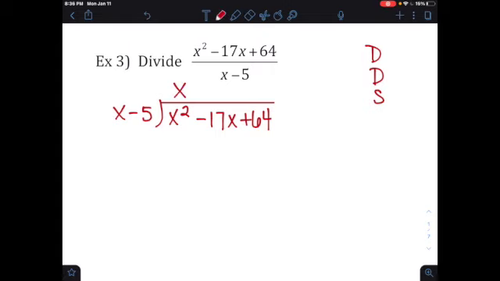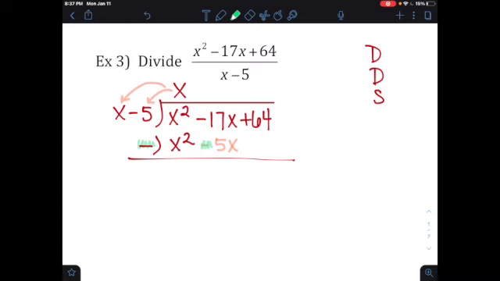So distribute, we just decided. Distribute. X times x is x squared. Then you do x times negative 5. That's going to be negative 5x. And don't forget to subtract. And when you subtract, x squared minus x squared is done. But the next one is negative 17x minus a negative 5x. So negative and negative right here gives you a positive.